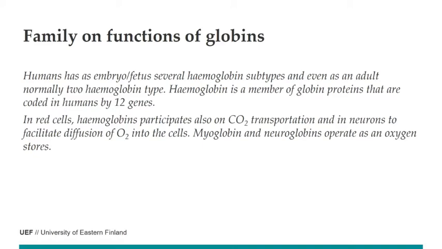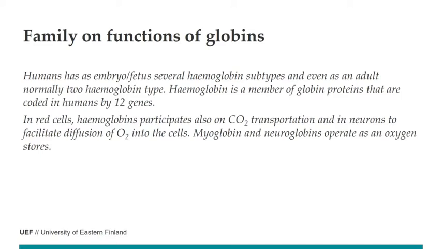And we have hemoglobin not only in the circulation but also in some neurons, especially in the substantia nigra. So it's a part of the brain that is a little bit darker because of the hemoglobin. And in these neurons, it's there to facilitate the diffusion of oxygen into the cells because there's a binding site.